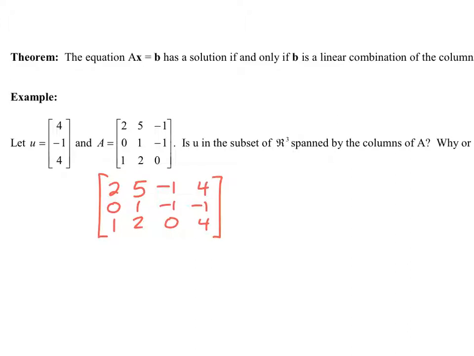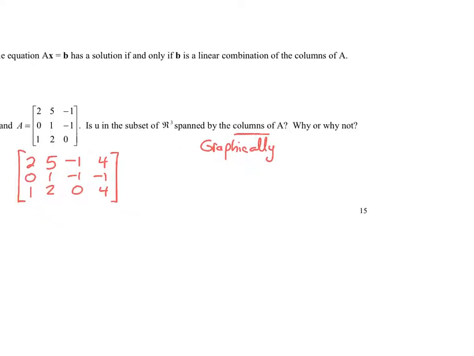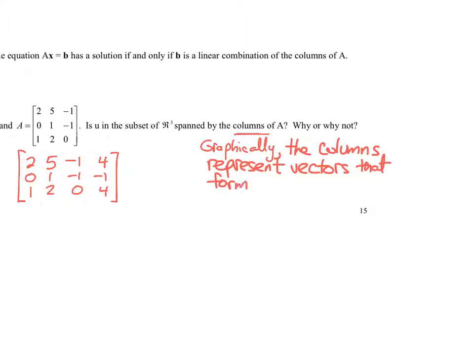So, graphically, and I'm just going to make note of this. Graphically, the columns represent vectors that form the basis of the real space in the third dimension, in 3 dimensions.